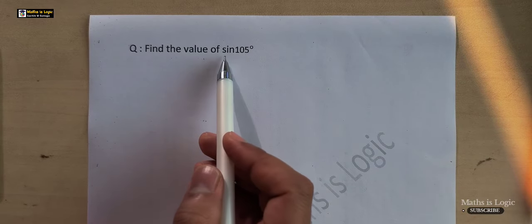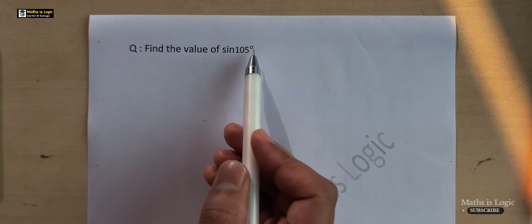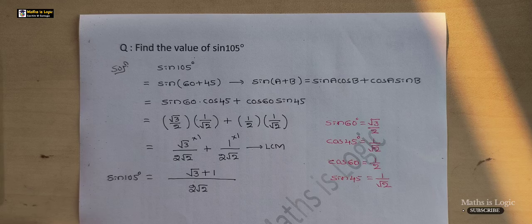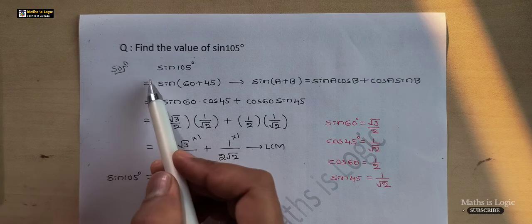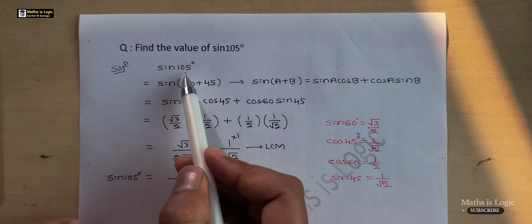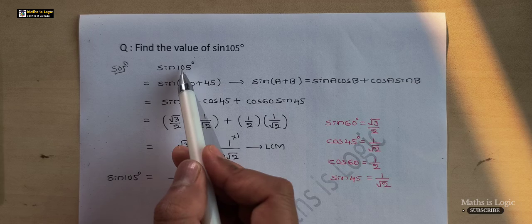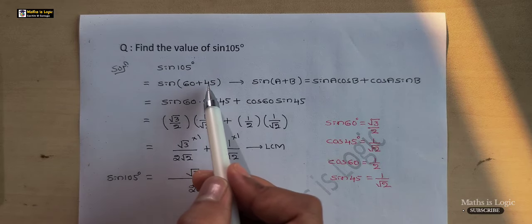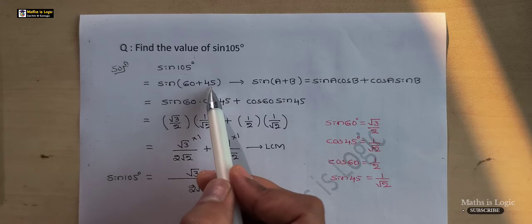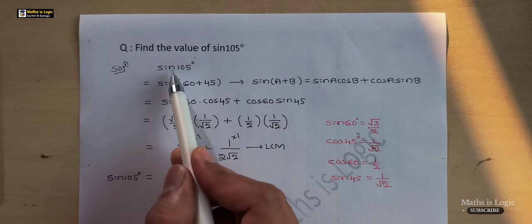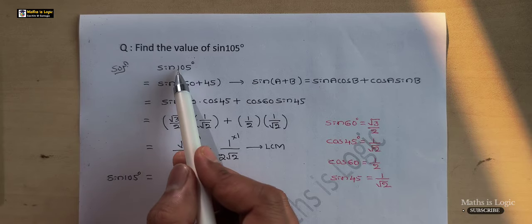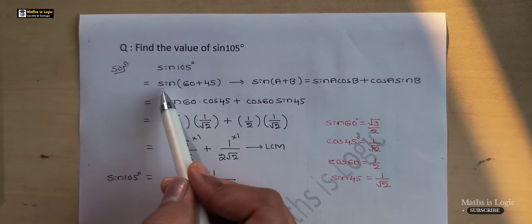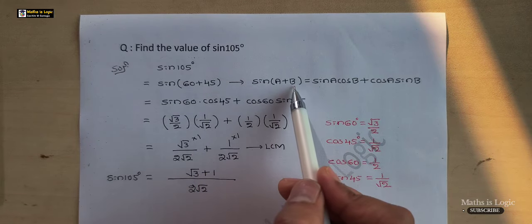Next, find the value of sin 105 degree. Solution: sin 105, keep the sign as it is. Split 105 as 60 plus 45, because these two are standard angles. 60 plus 45 is 105. Once I split 105 as 60 plus 45, this looks like sin a plus b.